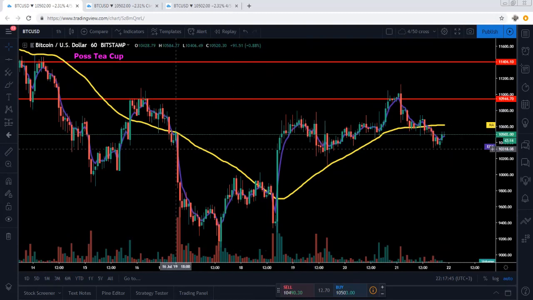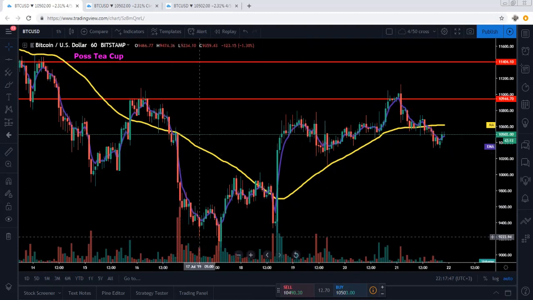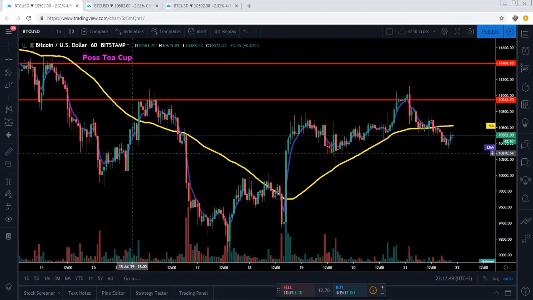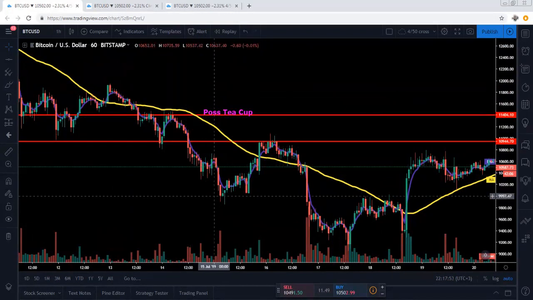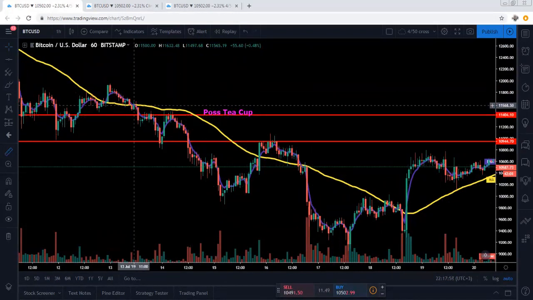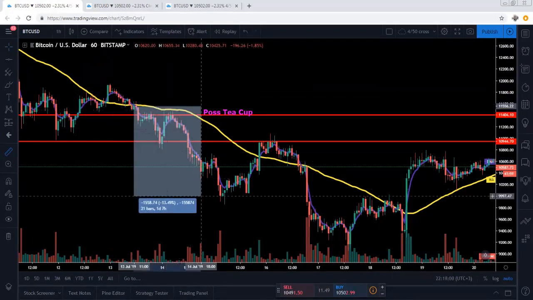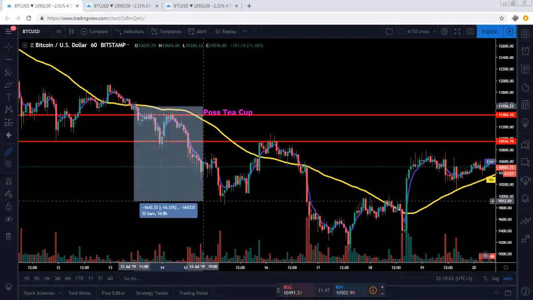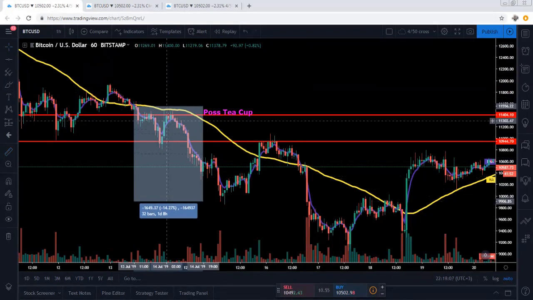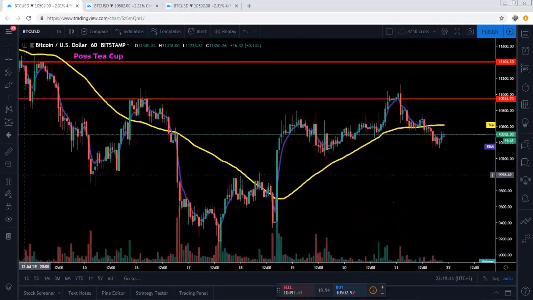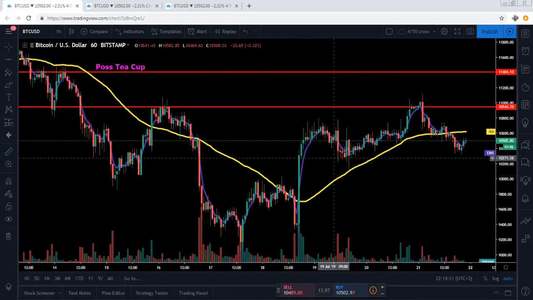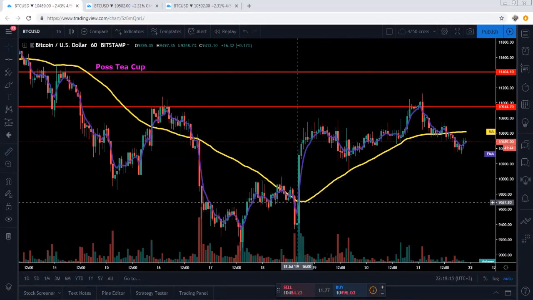It crossed right here, and look. This was at the cross. Look where it came down to. See that? Now the 450 crosses. So you see this right here, right?